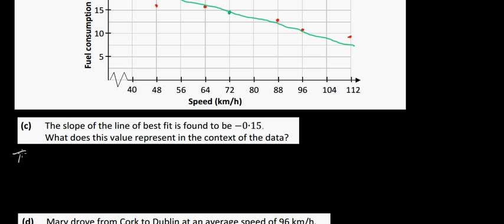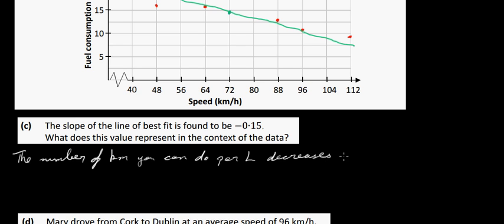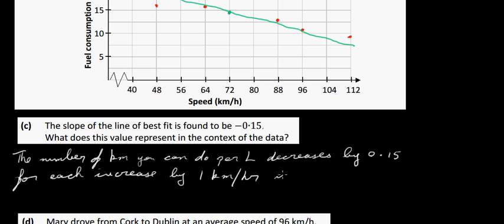The number of kilometers you can do per litre decreases by 0.15 for each increase by 1 kilometer per hour in speed.